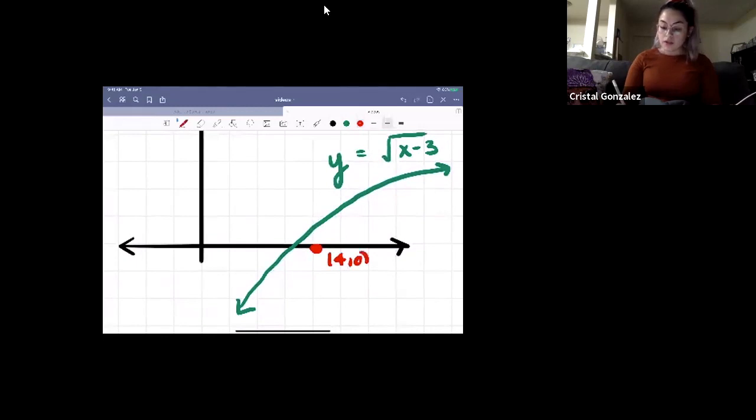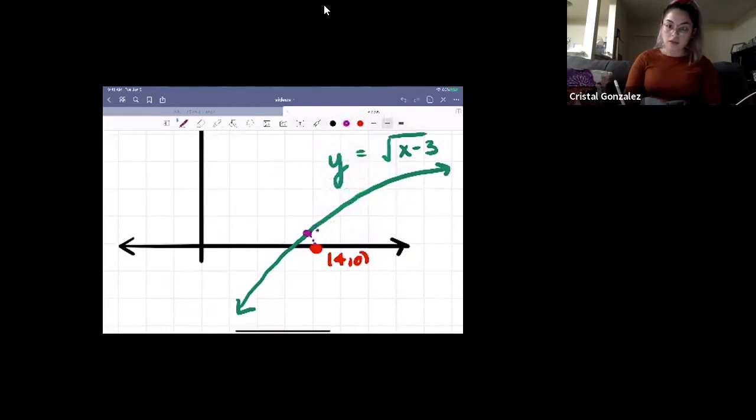And so what they want to know is what point on this graph here gets us closer to (4, 0). Is it this point? Obviously, it's not something that's way over here. That wouldn't really make sense. So we know that it's going to be something around here, but how close do we want it?